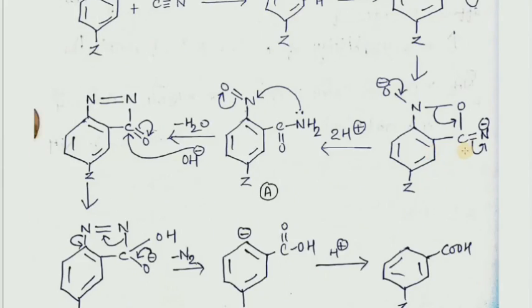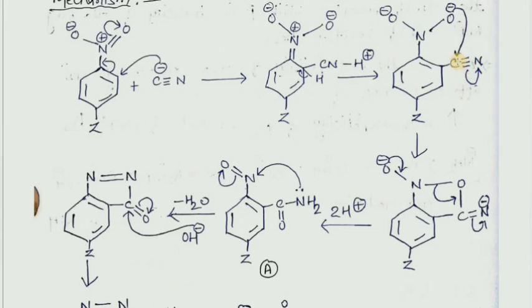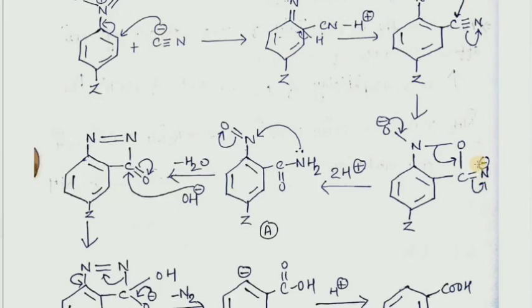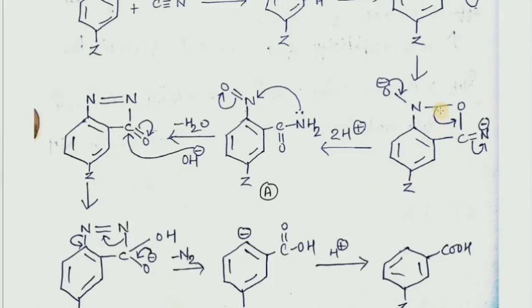After this attack, the electrons of this C≡N bond shift towards the nitrogen, which acquires a negative charge, and in the next step the shifting of the nitrogen oxygen bond takes place between carbon and oxygen, and we will get this amide, with the nitroso at the ortho position to this amide. This step takes place in the presence of an acid.